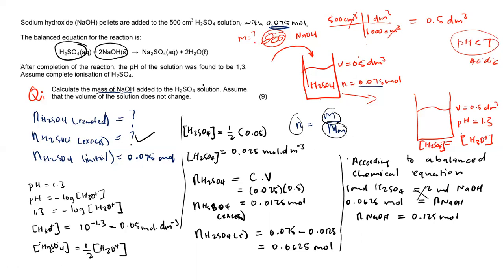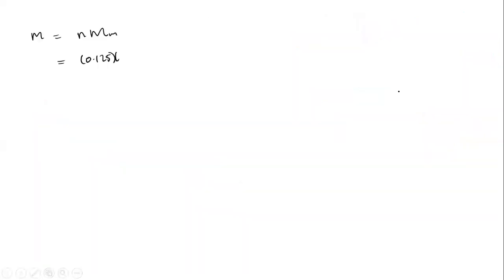We have Na plus O plus H. Na is 23, oxygen is 16, hydrogen is 1.